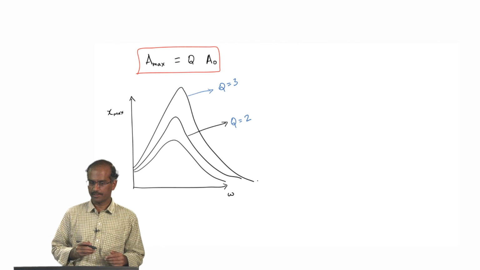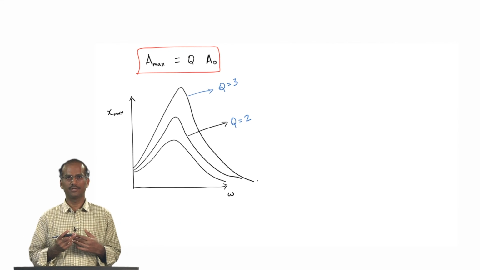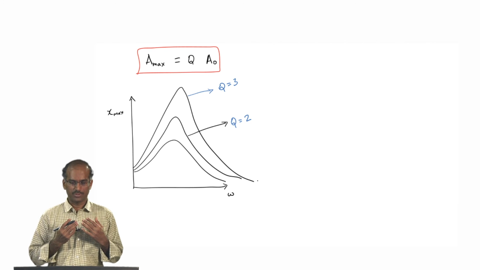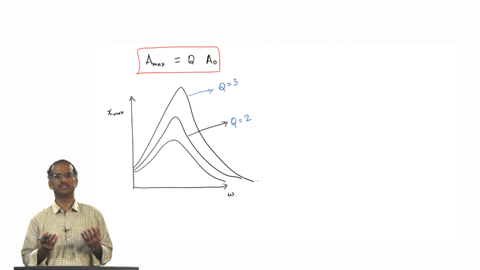And finally, we were able to show that q factor is simply the ratio between the maximum amplitude divided by an initial amplitude.